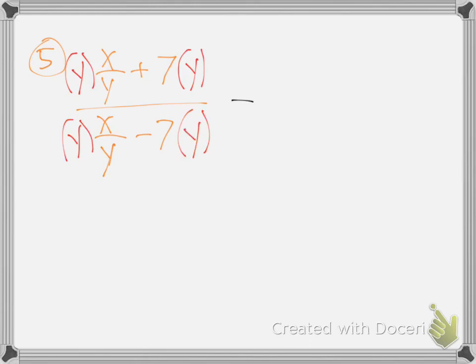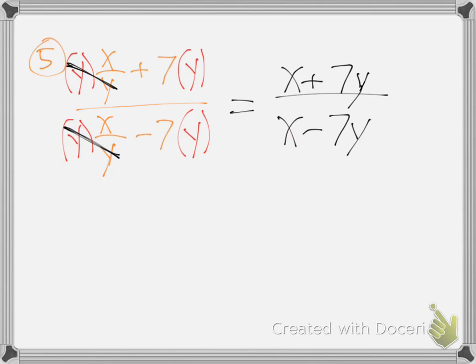All of them. All right, so cross cancel whenever you can. So these cancel and these cancel. That's why we're doing it, huh? Is that good? So then x plus 7y over x minus 7y.